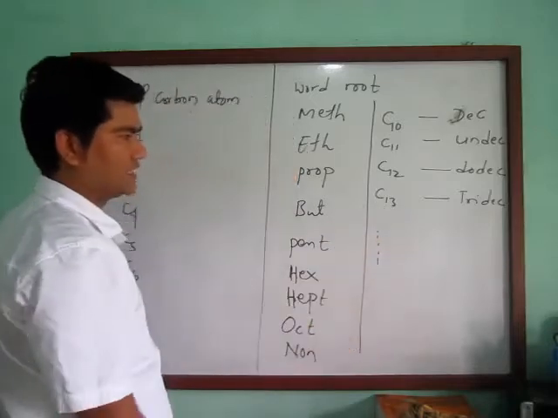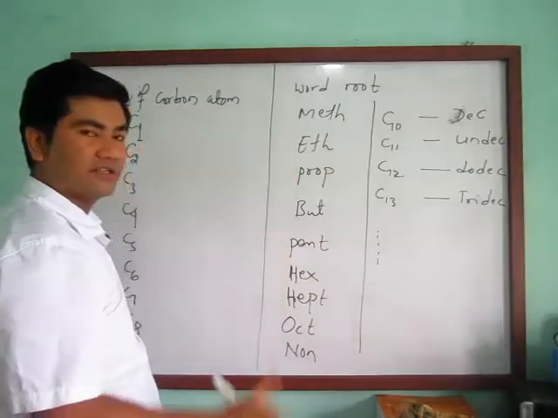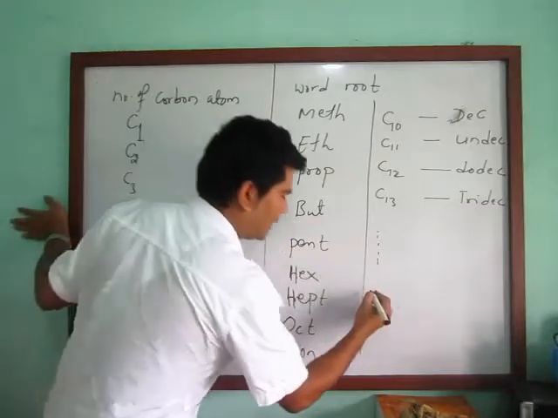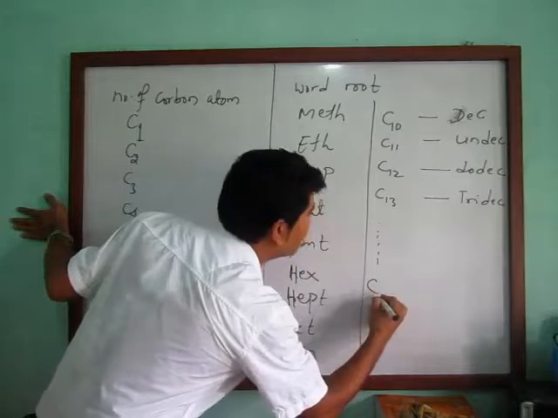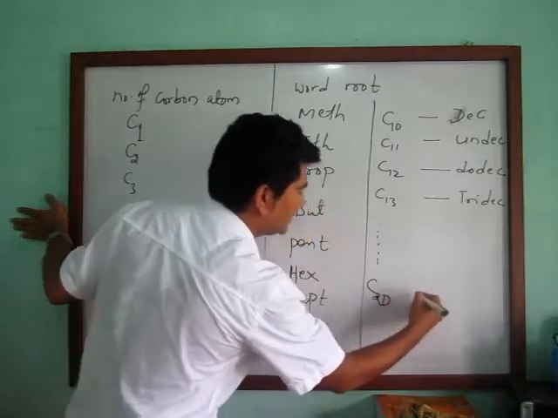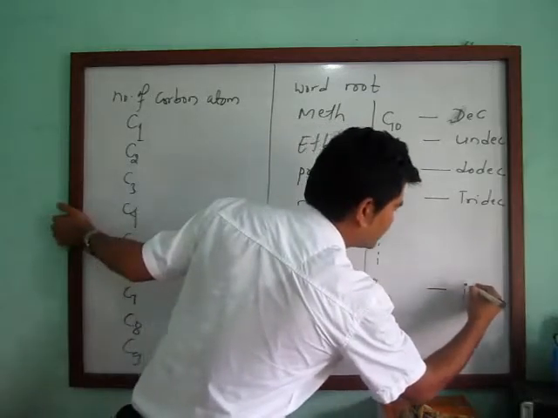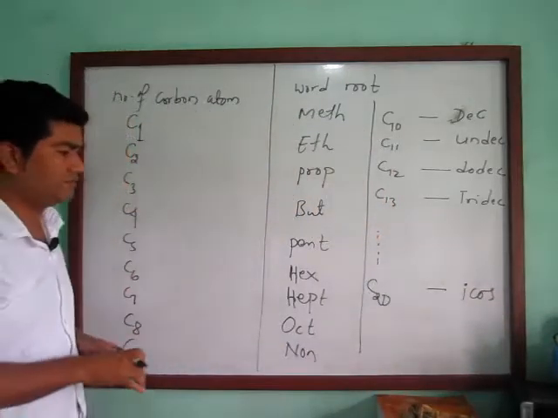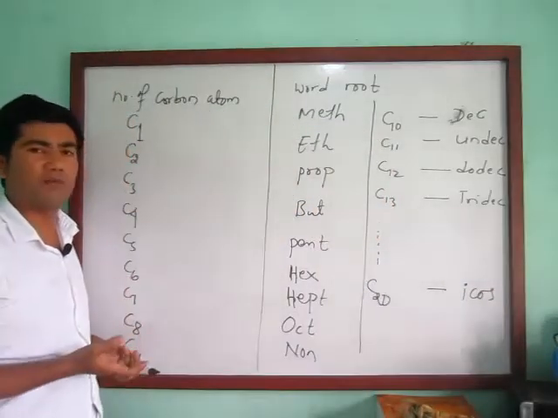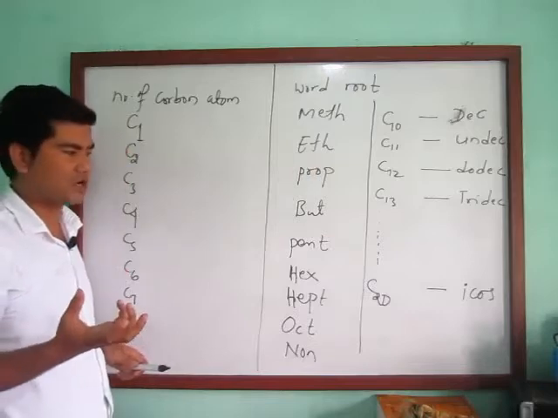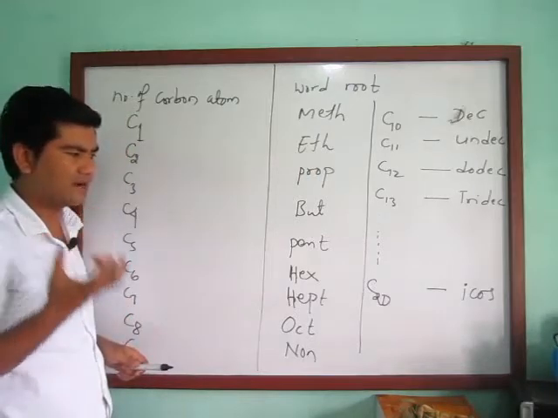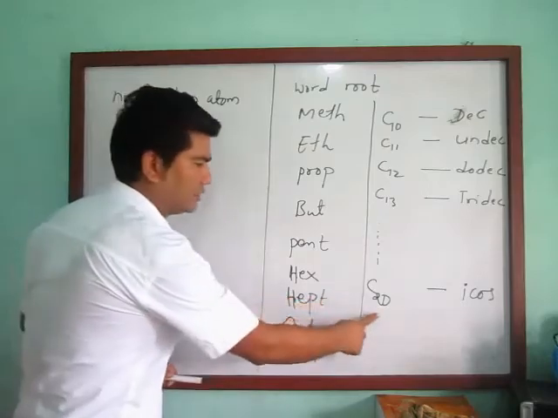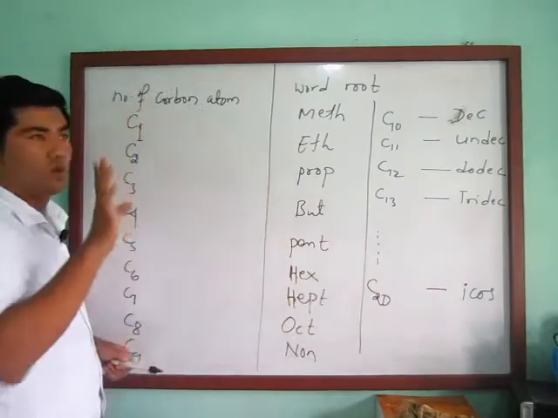For C14, tetradec, for C15, pentadec, hexadec, heptadec, and if you reach C20, we should call it eicos. So if there are 20 carbon atoms in the main chain of a given organic compound, then we should use eicos as the word root.